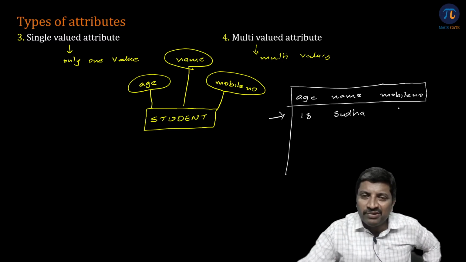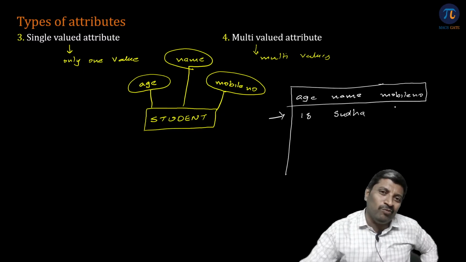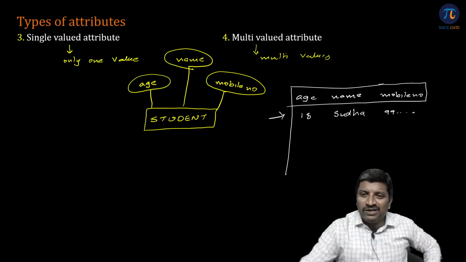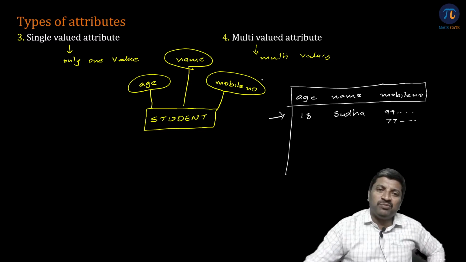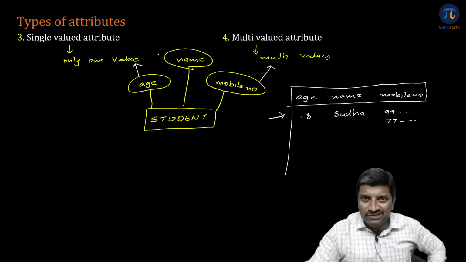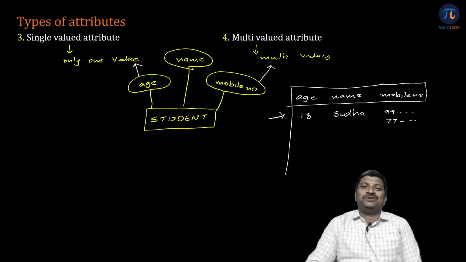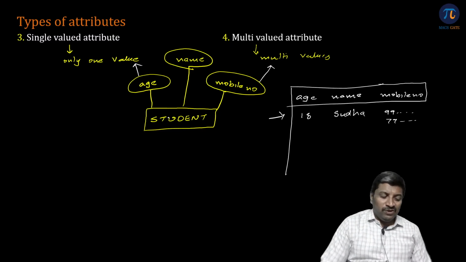What is your mobile number? Then he will ask, personal or official or home? A student might have so many phone numbers, like 99 so and so, 77 so and so. So here mobile number has multiple values. But when coming to age, we will have only one age, unless we are cine heroines. So that is about single valued and multi-valued attributes. Hope you understood it.